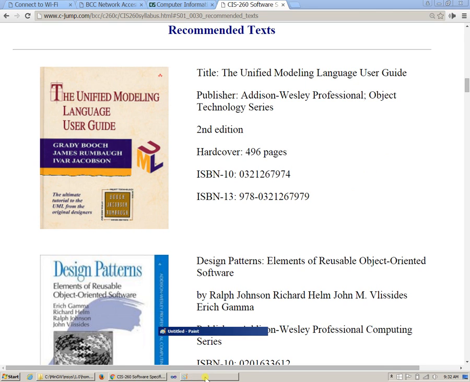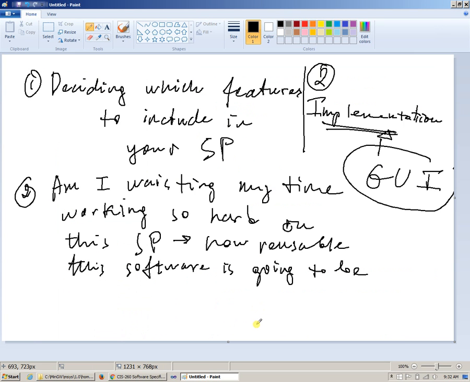So now we're going back to our set of challenges, and we said, okay, what about deciding, pardon my writing here on this writing pad, which features to include in your semester project?